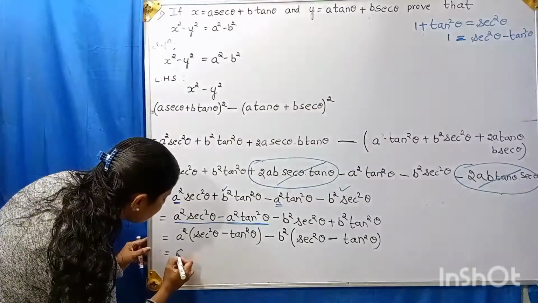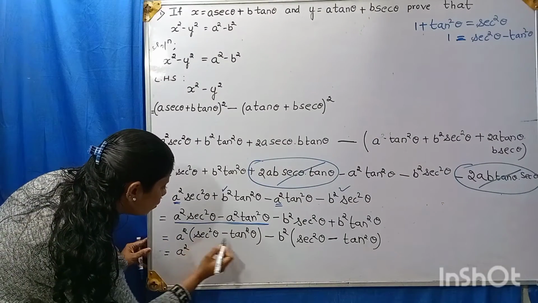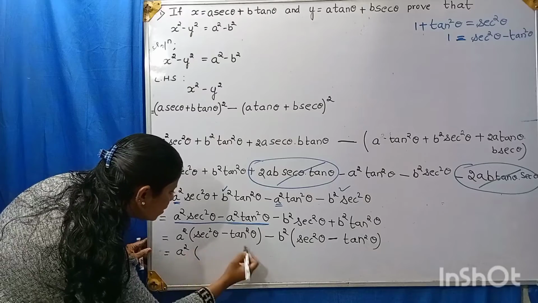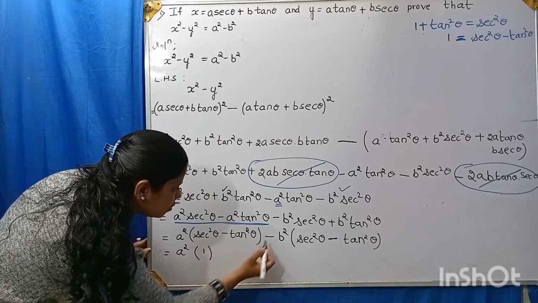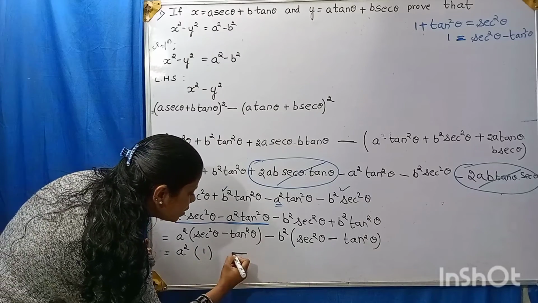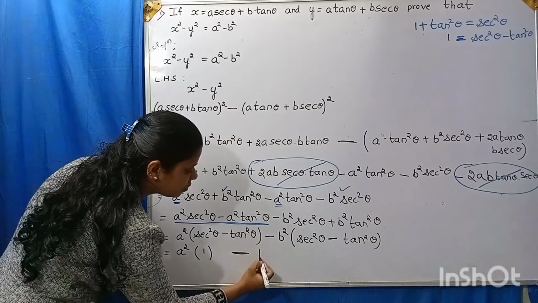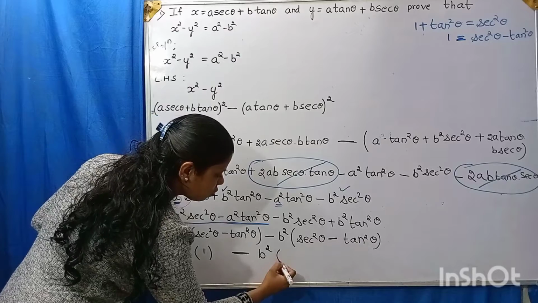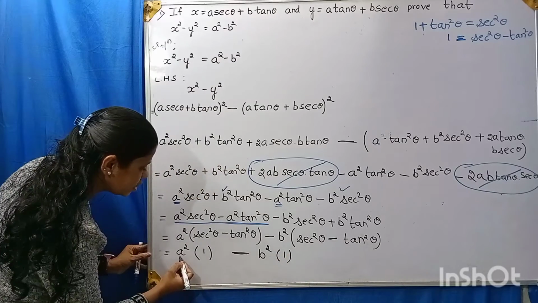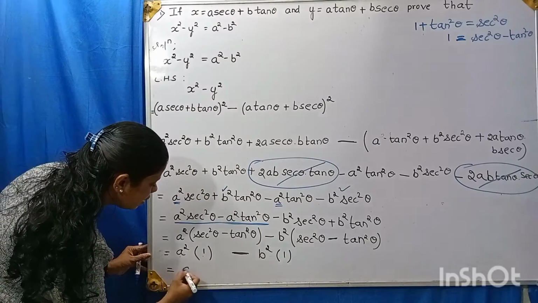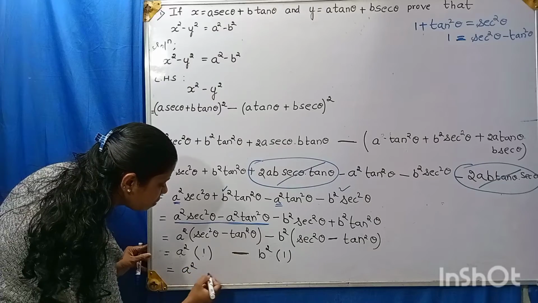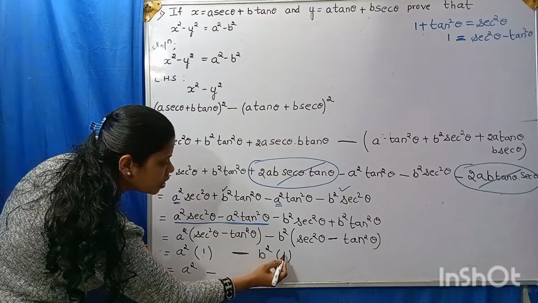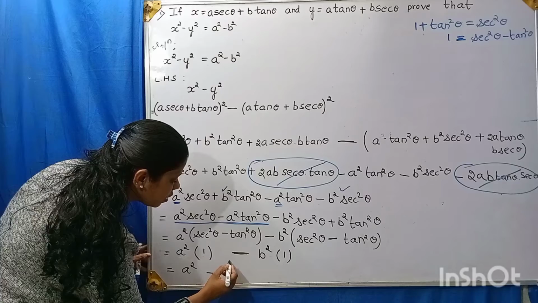That is a square times (secant square theta minus tan square theta), which is 1. For this minus, let me write minus b square times (secant square theta minus tan square theta), that is what? 1. A square into 1 is a square. For this minus minus, b square into 1 is what? b square.